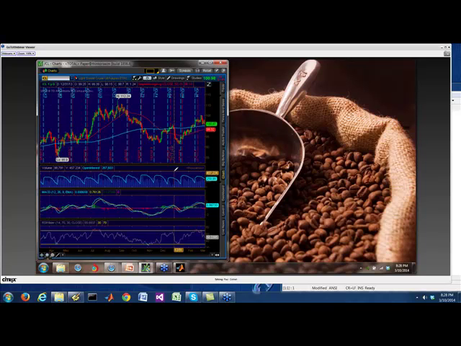Then I'm going to short the spread: I'm going to long the current contract, and I'm going to short the forward, one month out contract.